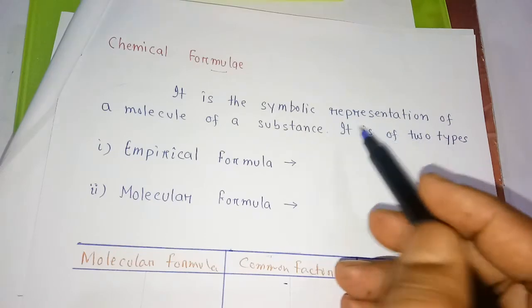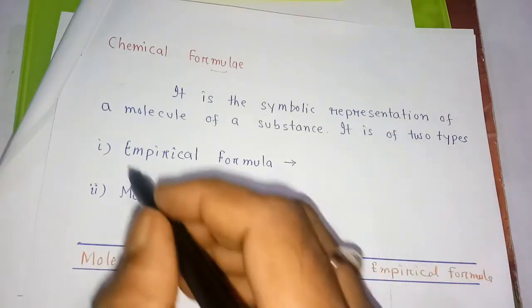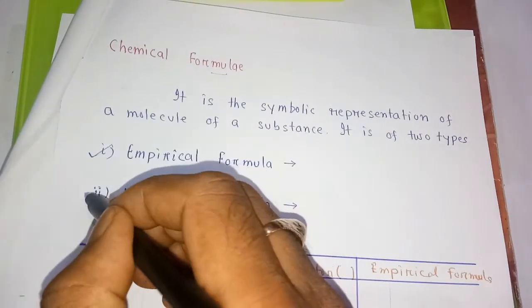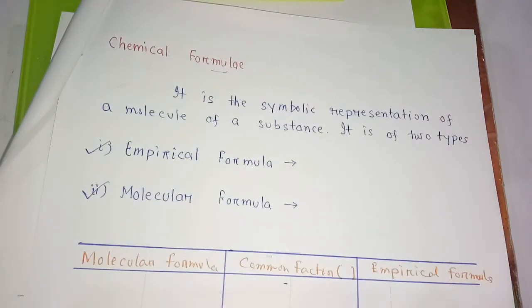It is of two types. One is the empirical formula, another one is the molecular formula. So the chemical formula is also of two types.